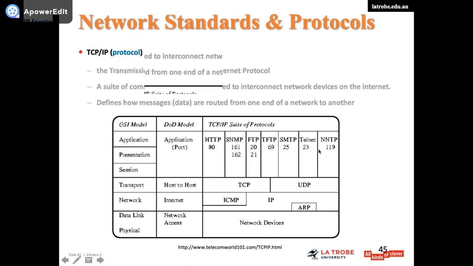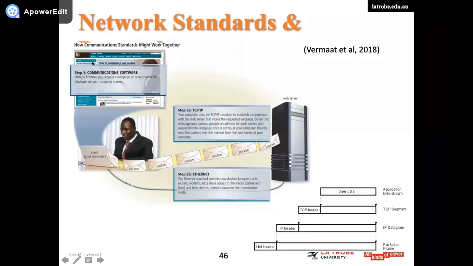So how might communication standards work together? Here I have one simple example. The first step is that you need to have your communication software. For example, you use the browser to send a request for a web page on the web server, to be displayed on your computer screen.